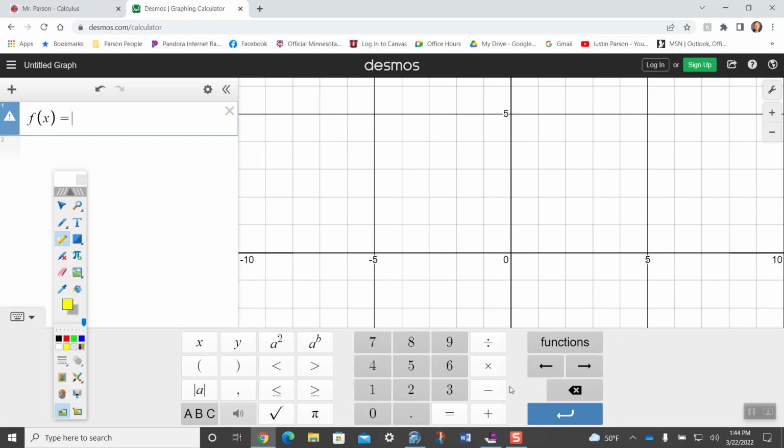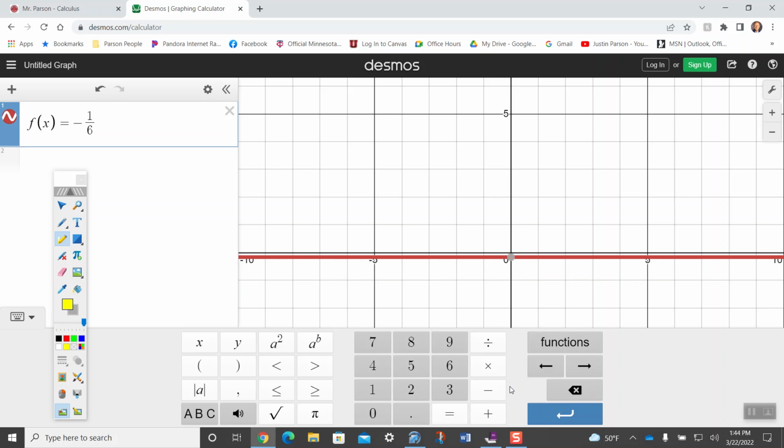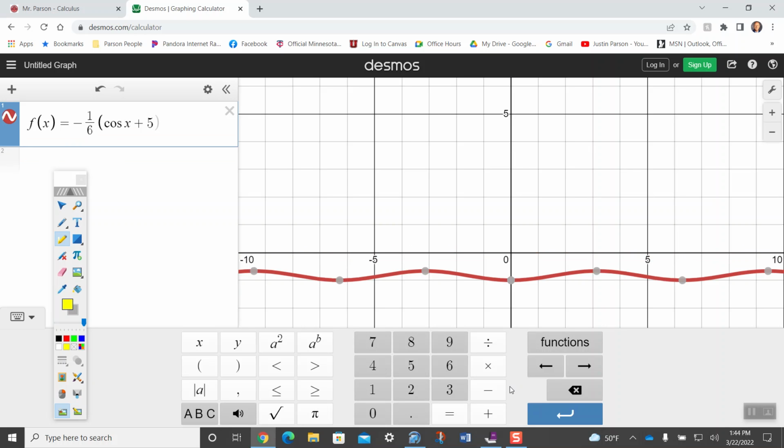What do we come up with for negative 1/6 parentheses cosine theta plus 5 to the 6th power plus c?